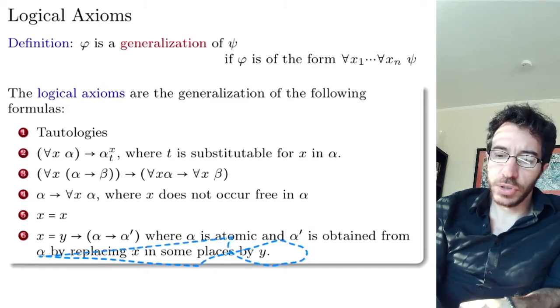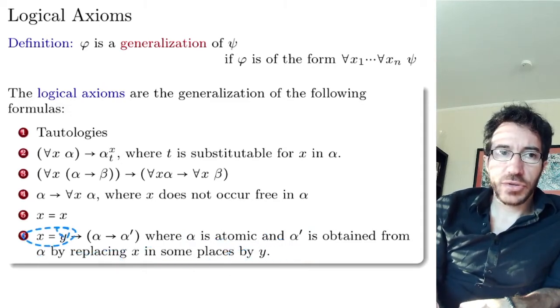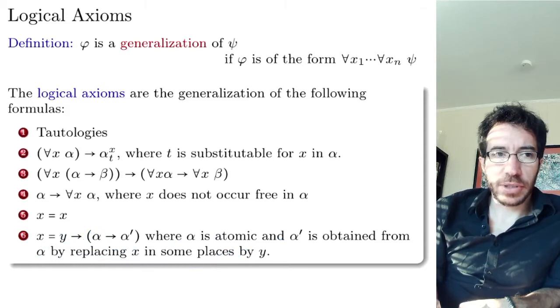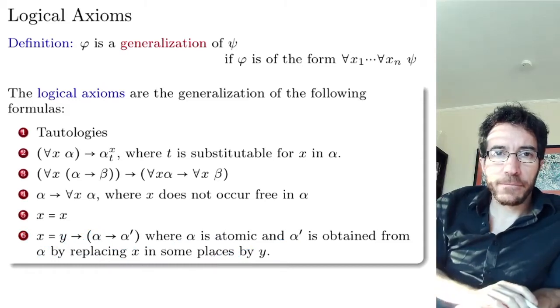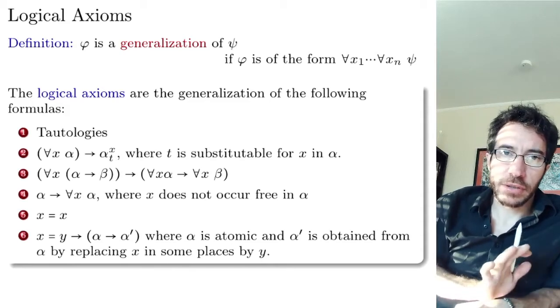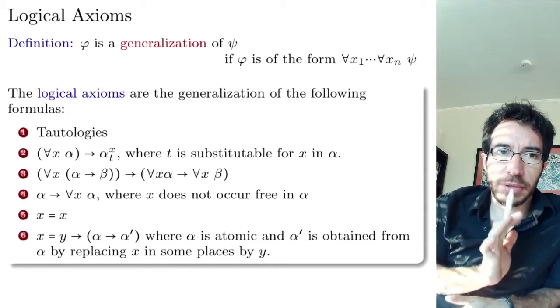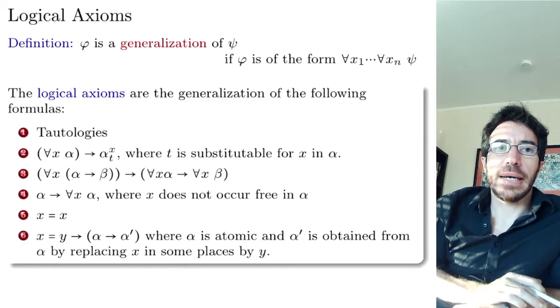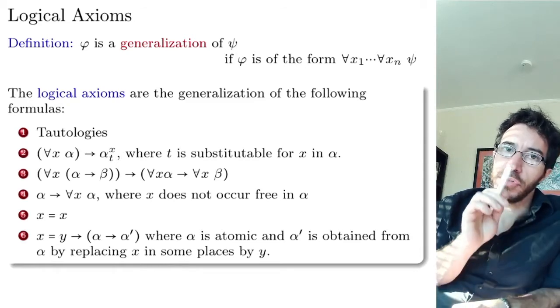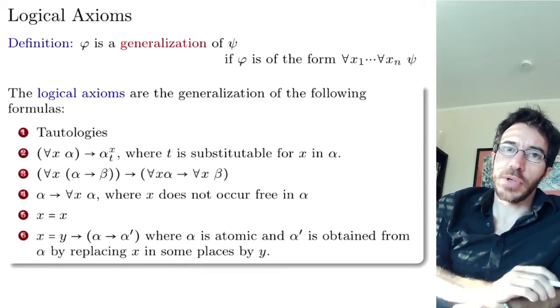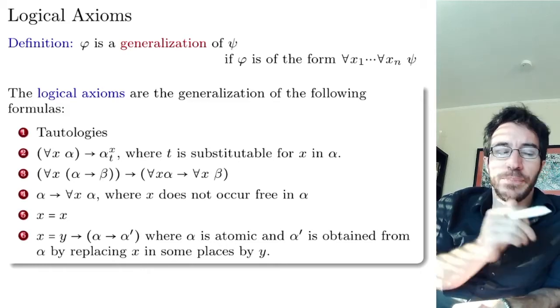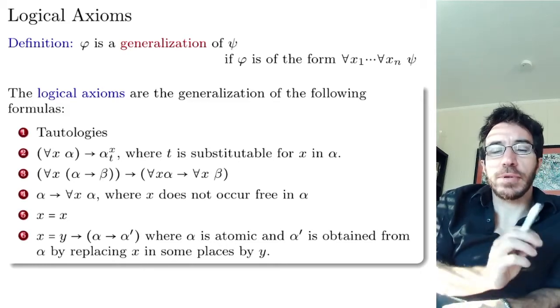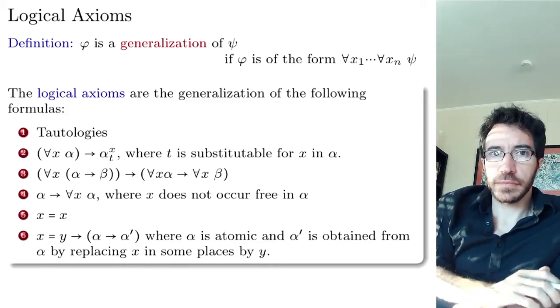So you know that x equals y, so an x shows up somewhere inside alpha, and you can replace some of those by y, so long as it's free, where it's free. You have to be careful. Don't replace spots where x is bound, and you don't have to replace everywhere.